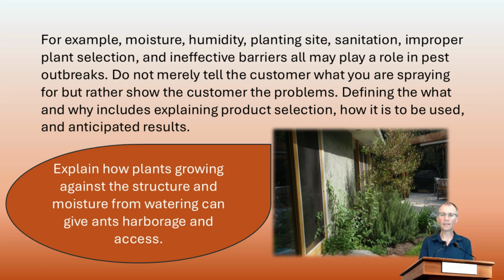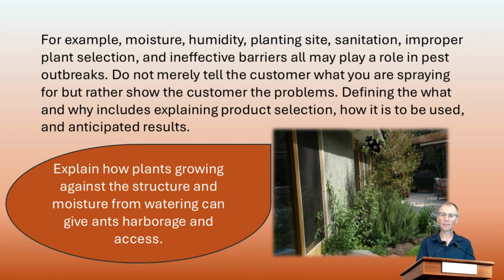One other thought on this slide. As you can see here, we have those plants growing against the structure. This is giving a superhighway for ants to enter the structure, especially when we consider not only do they have the plant to crawl up, but obviously it's being watered, so there's always a moisture source in that area.